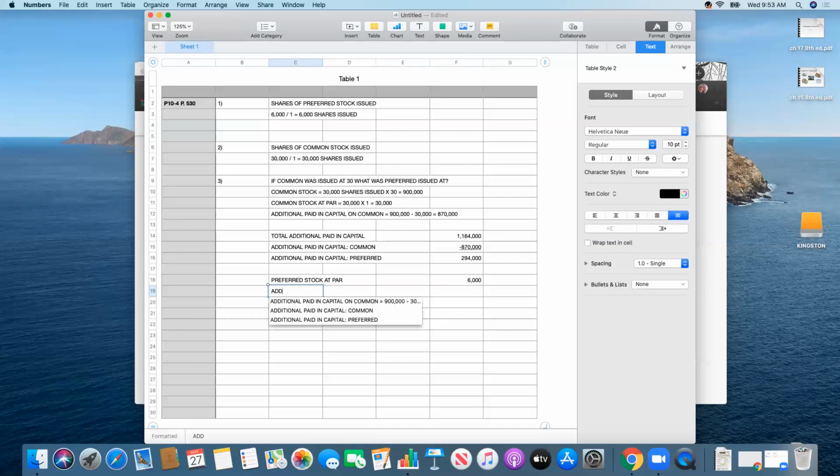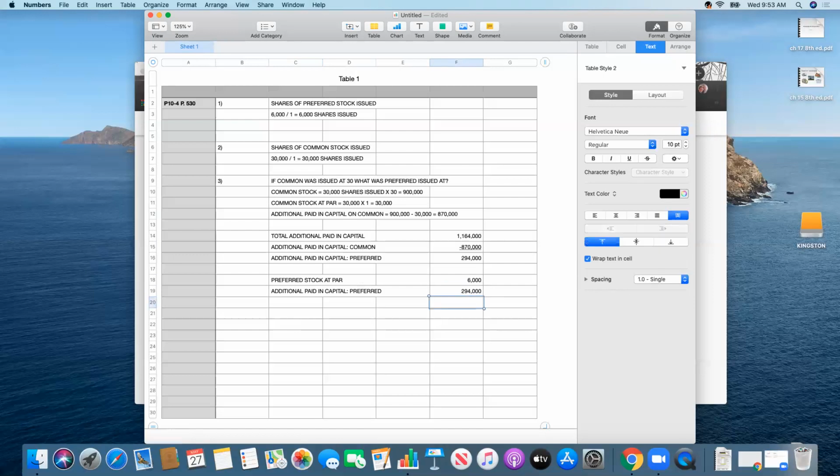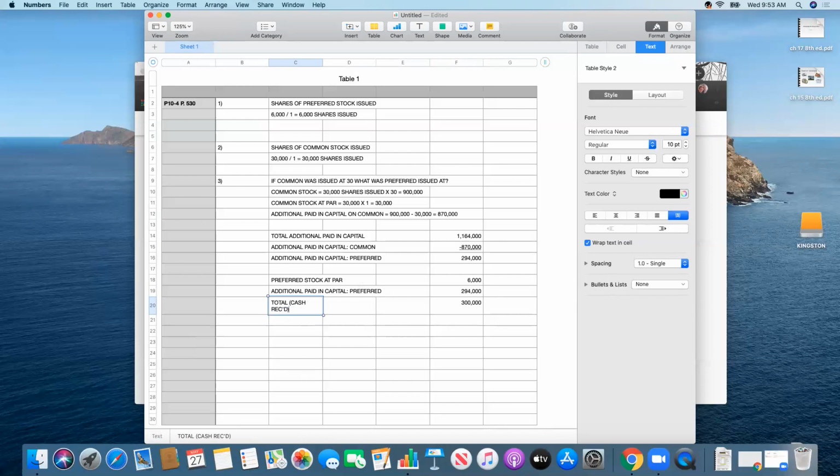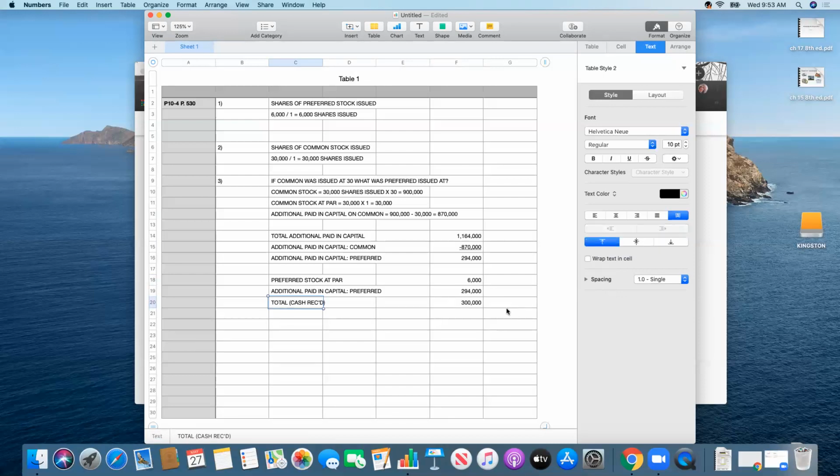The additional paid in capital on the preferred was $294. Total $300,000. This is the cash that was received when the stock was sold.